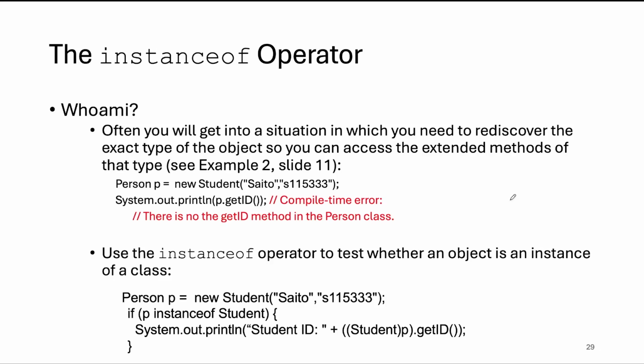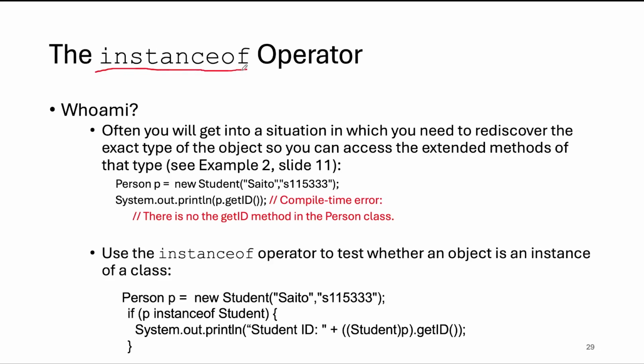Now, let us look at the important operator. When we are doing this implicit and explicit casting, many problems or runtime errors occur due to dynamic binding. To solve that problem, we have the instanceof operator.